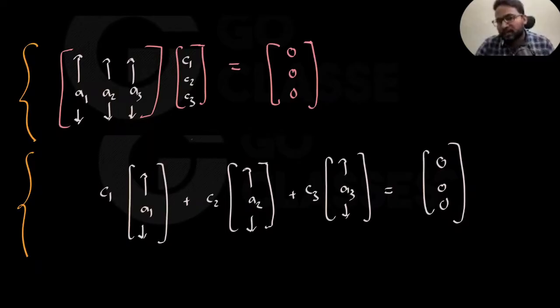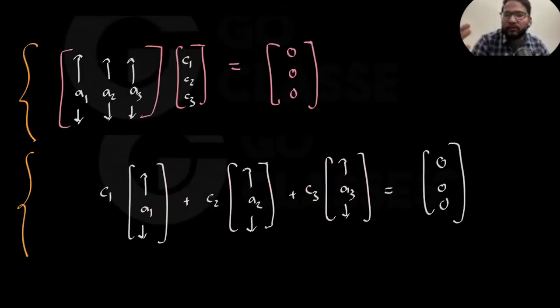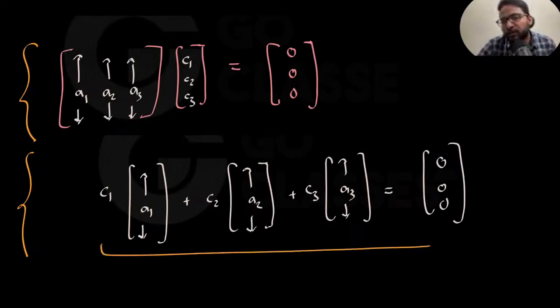Now, if I say that Ax equal to 0 has some non-trivial solution, I'm saying there is some non-zero Ci that also satisfies it. If this kind of equation is given to me, I always ask the question: do you have some non-zero Ci?